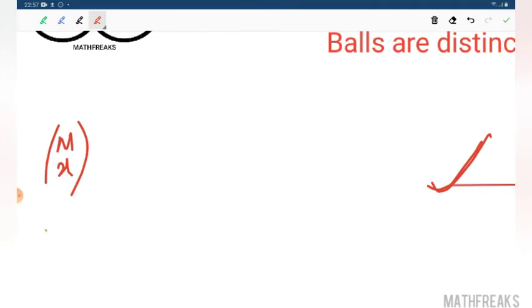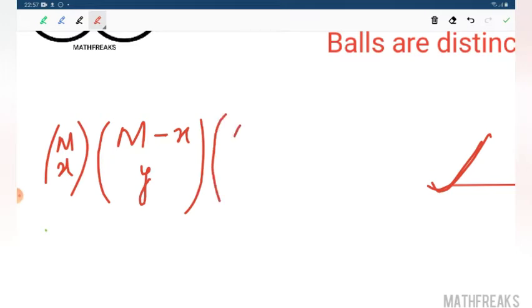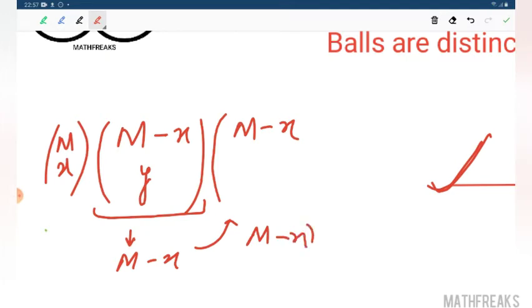Now we are left with M minus X balls, because in the first box we have distributed X balls. So now we are left with M minus X balls and we choose Y balls for the next.